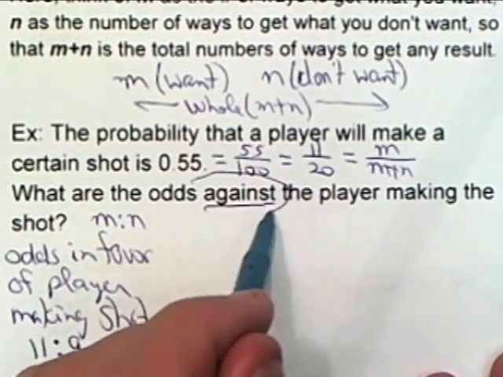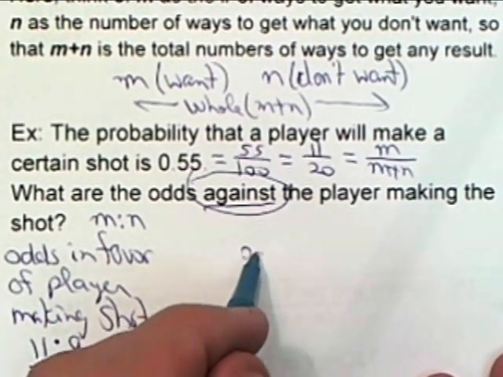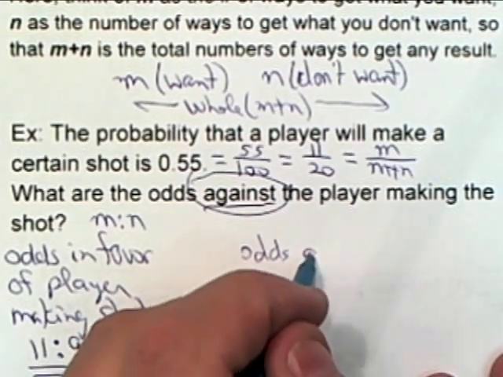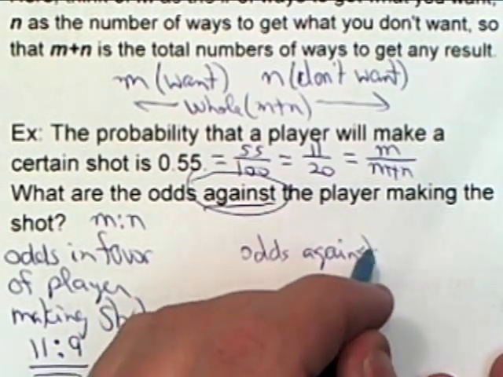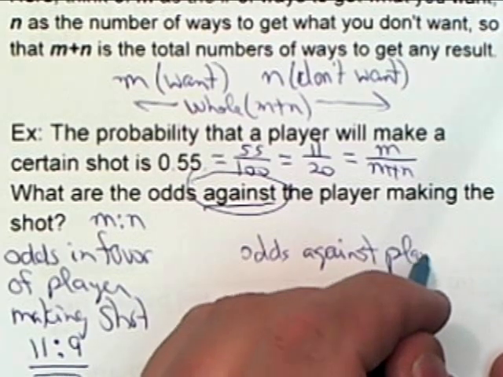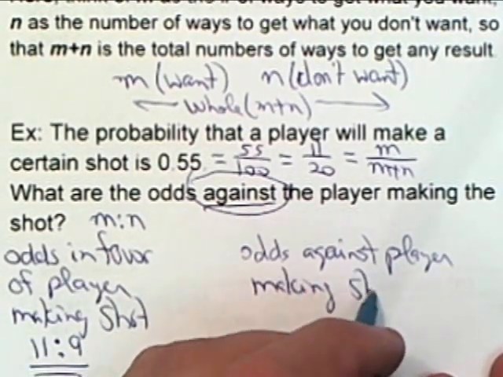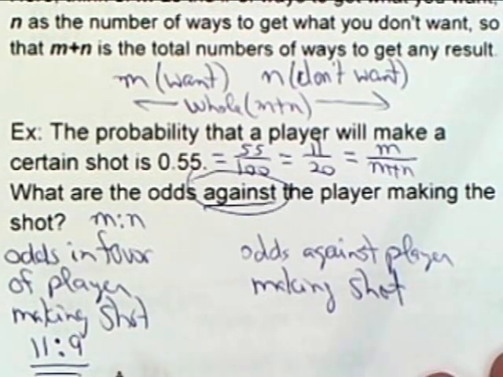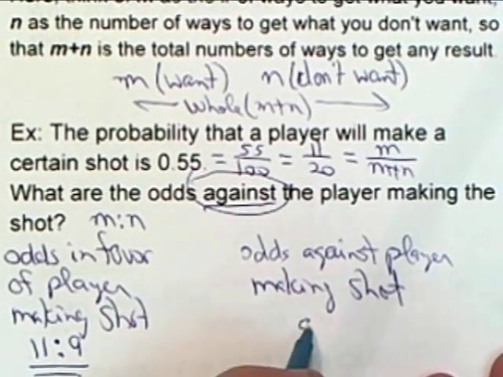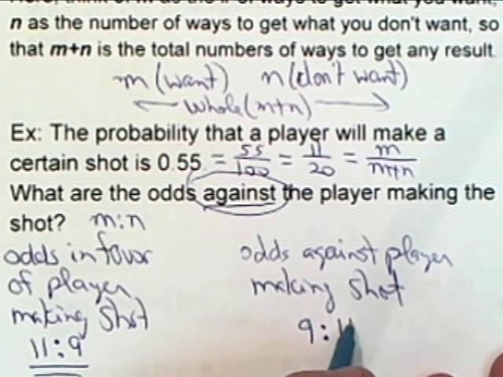But remember, the problem asked for the odds against. So the odds against that player making the shot would be the reciprocal, putting the 9 first, 9 to 11.